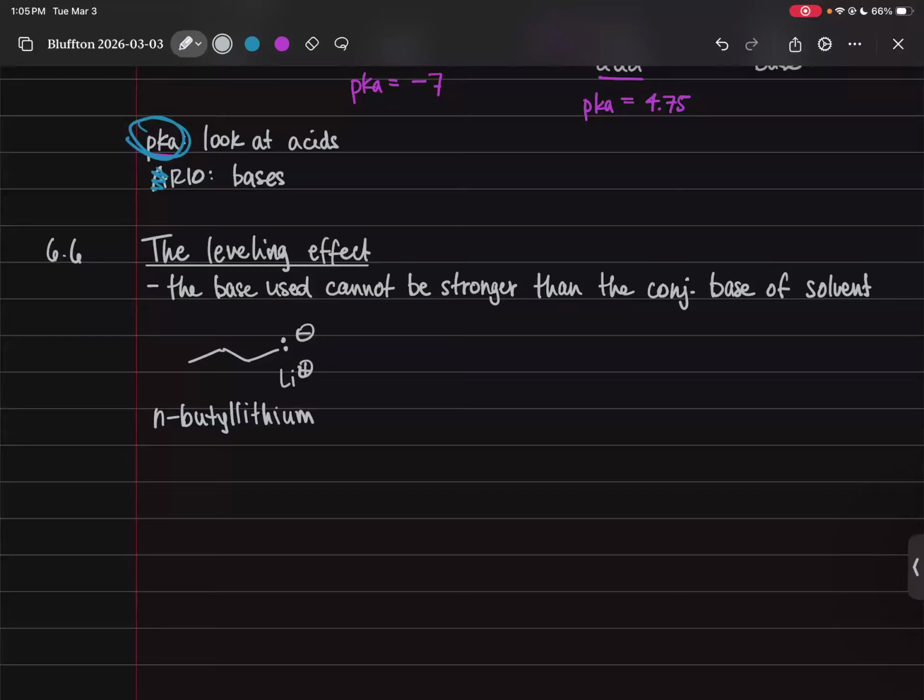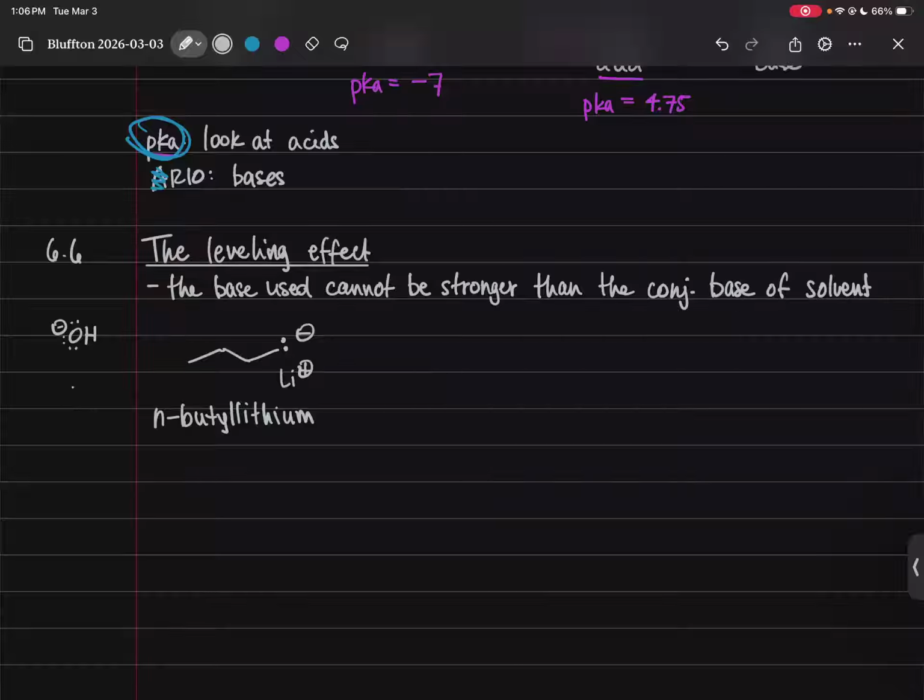It's called n-butyllithium. And well, if you compare it to something like hydroxide, which we think of as being a strong base, one thing you could do is look at the conjugate acids, and this is using the pKa method.